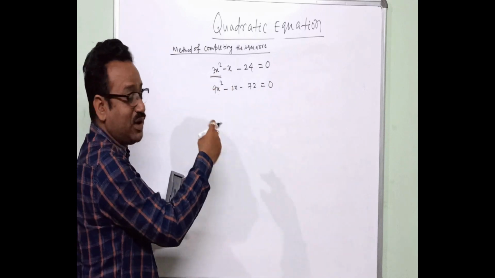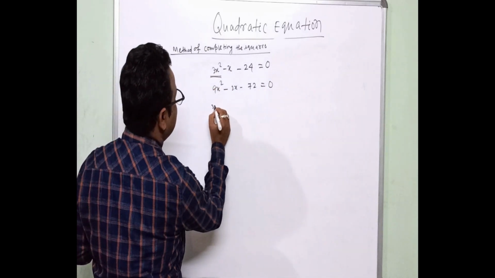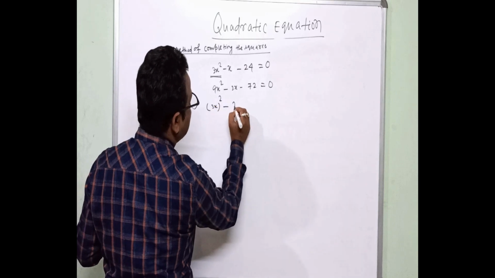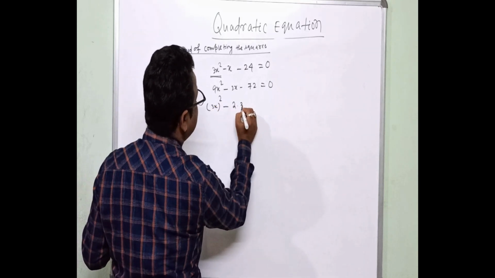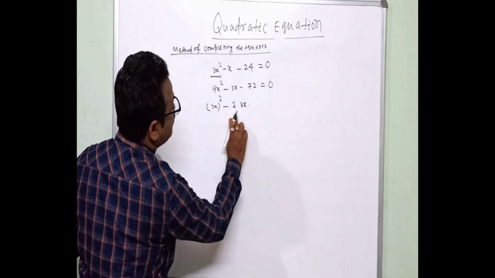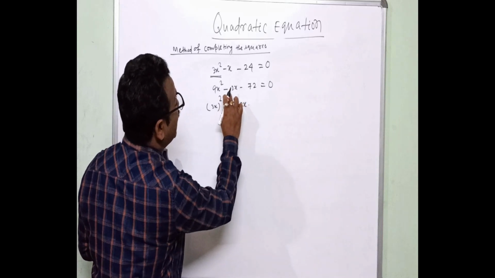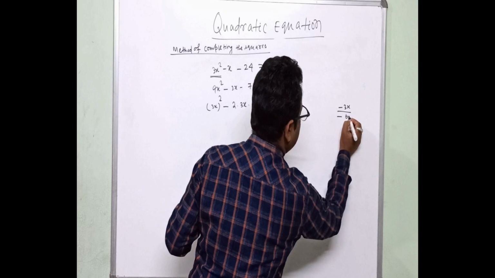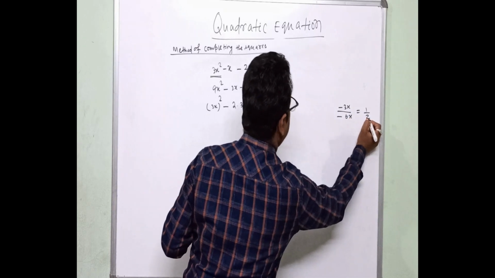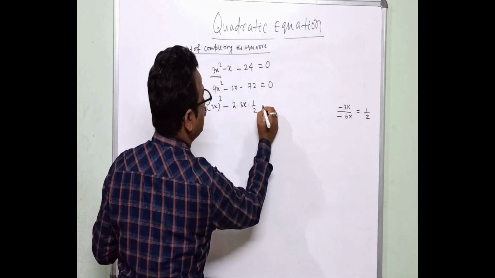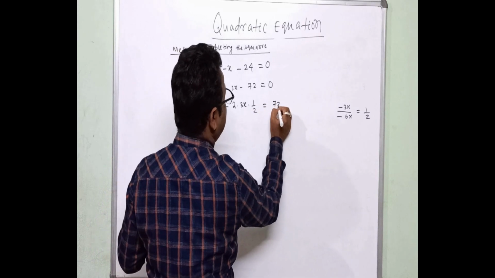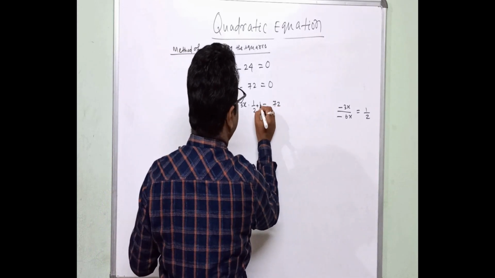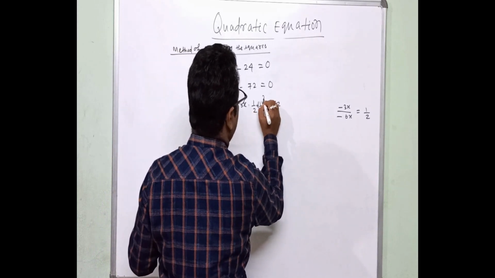Here I multiplied by 3. So now I can write 3x square minus 2 into 3x into 1 by 2. Here it comes 6x, but I require minus 3x. So minus 3x by minus 6x is coming 1 by 2, into 1 by 2, is equal to 72 plus 1 by 2 square, because of completing the squares.